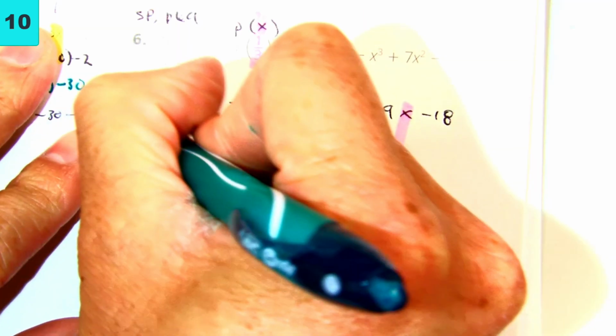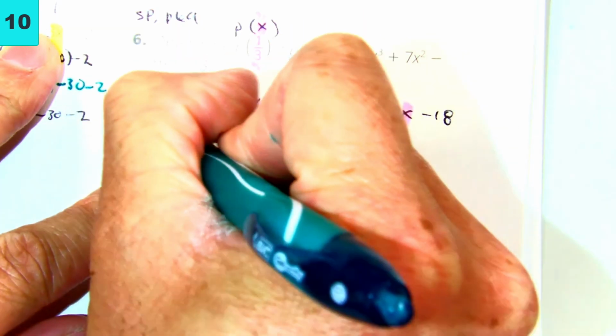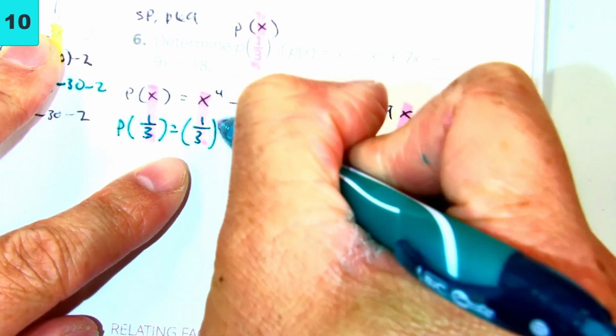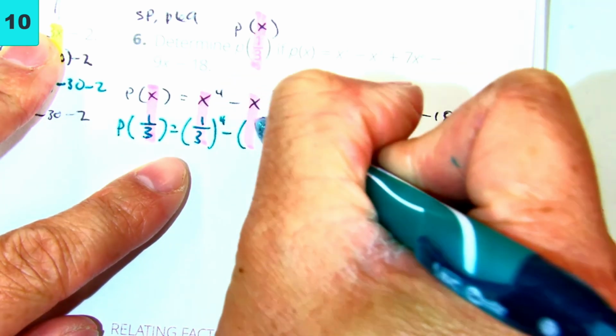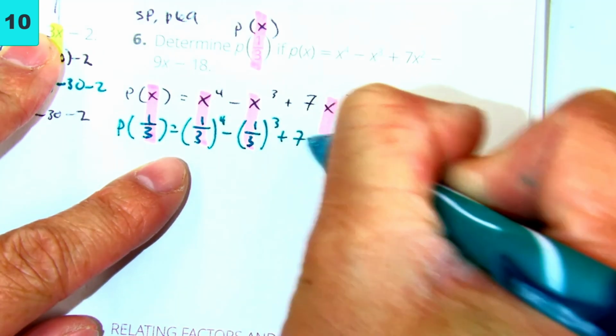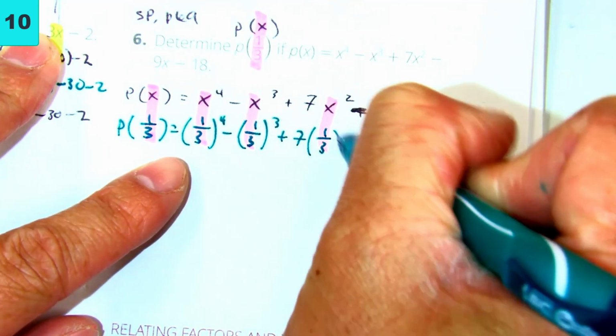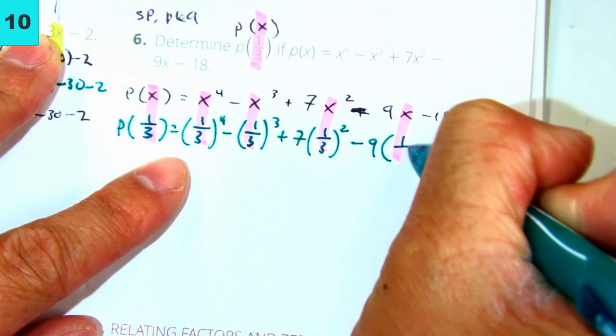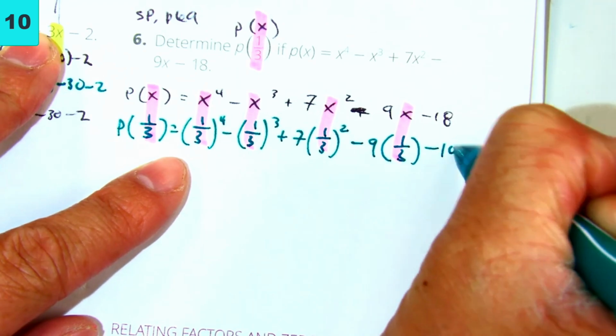P of 1/3 equals 1/3 to the 4th power minus 1/3 to the 3rd power plus 7 times 1/3 to the 2nd power minus 9 times 1/3 minus 18. Every x value we're going to put in as 1/3.